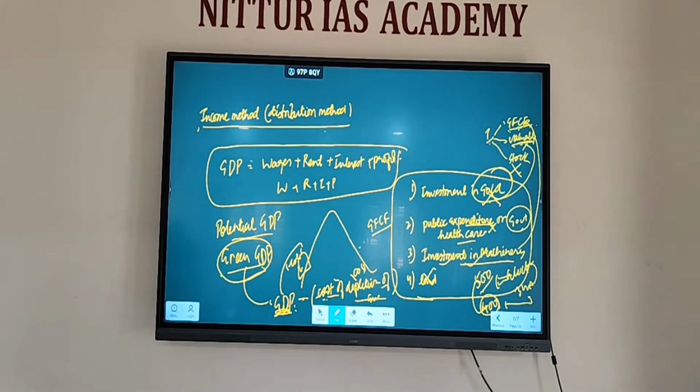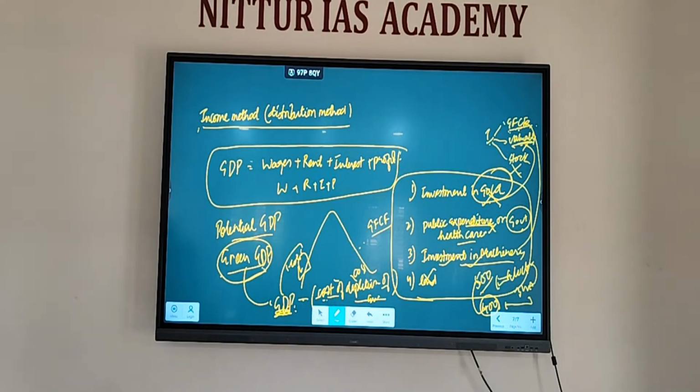It refers to the level of real GDP of an economy can produce when all its resources are fully utilized, including land, labor, capital, technology, etc.